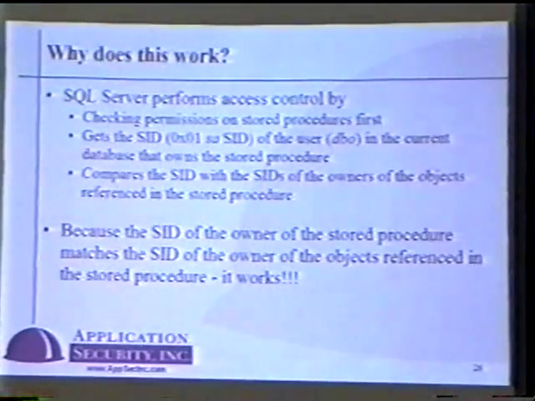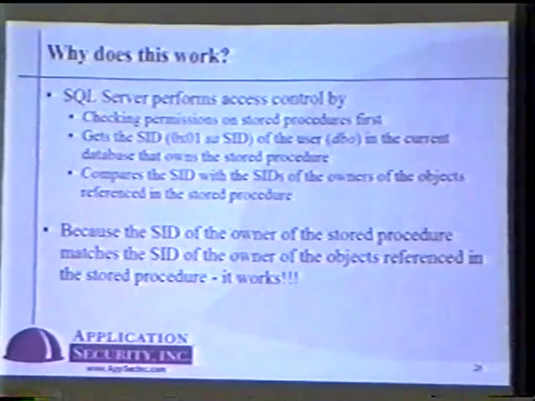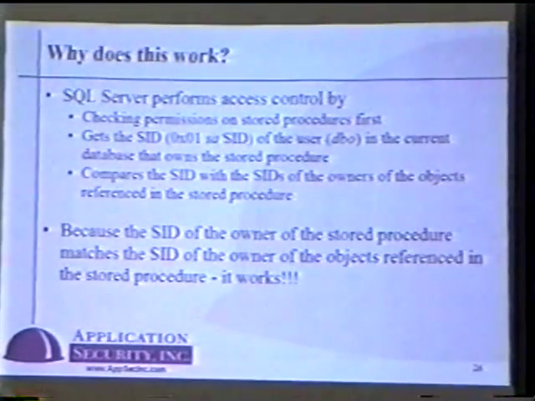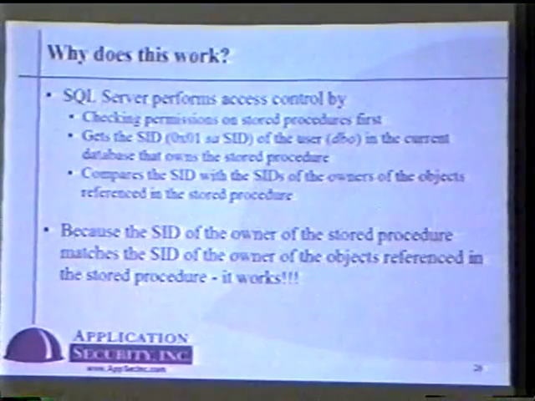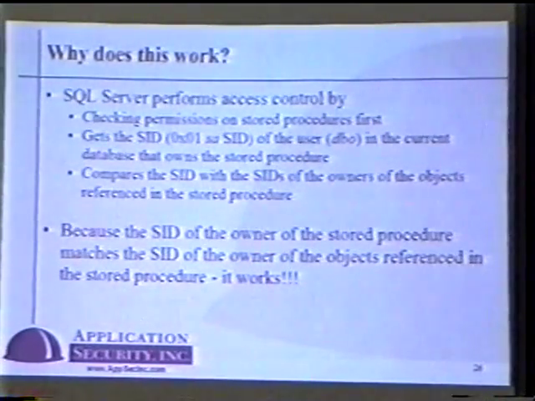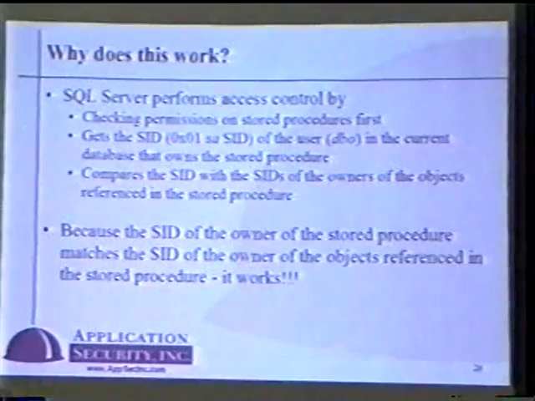Why did the previous example work? Because SQL Server performs access control in the following way. First, it checks permissions on the stored procedure. Then SQL Server gets the SID of the user in the current database that owns the stored procedure. In the example we saw, the user is the dbo user, and the SID will be one, which is the SA SID.